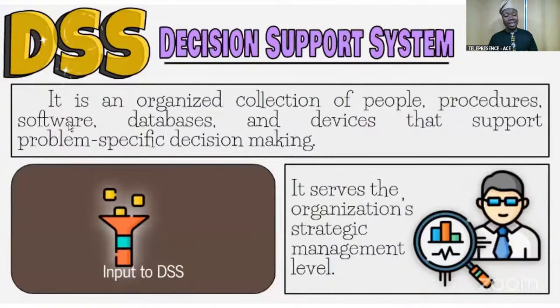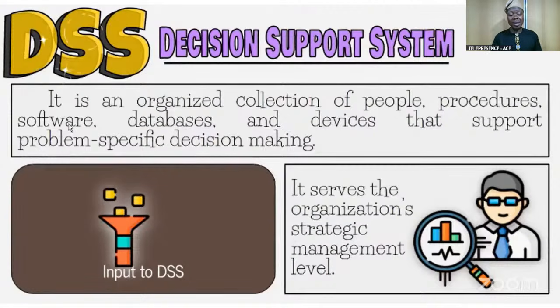Then for DSS now, decision support system. When you are taking a decision, maybe you want to do something, then you are thinking of which decision should I take, how do I take it, and how can it work perfectly for me.